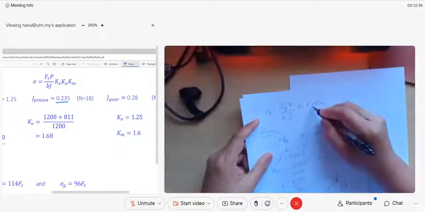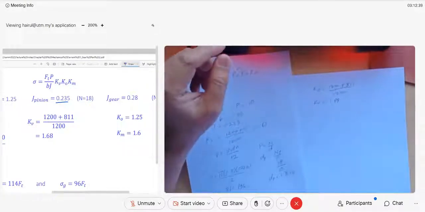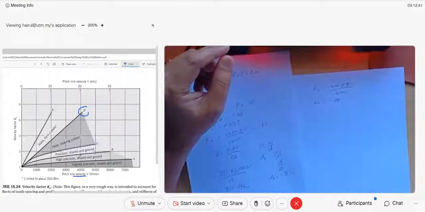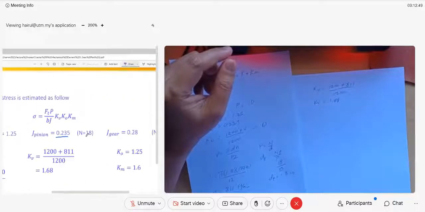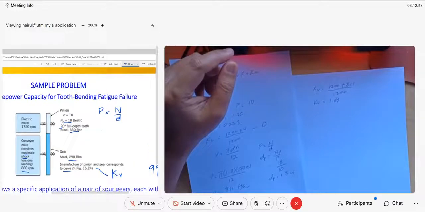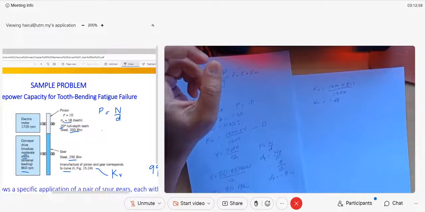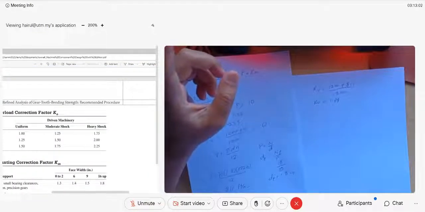Kv we know. What about Ko? Ko is the overload factor. You get the overload factor from table 15.1. The question states that the drive is an electric motor, and normally an electric motor is a uniform source of power.